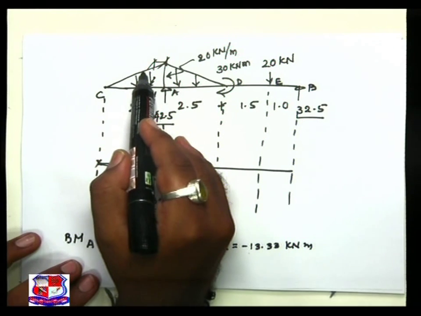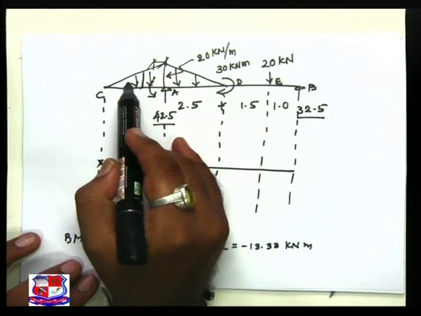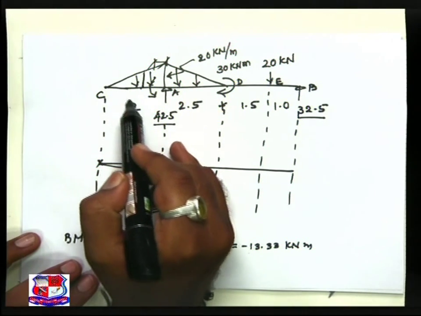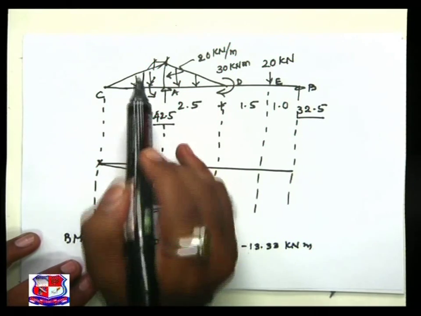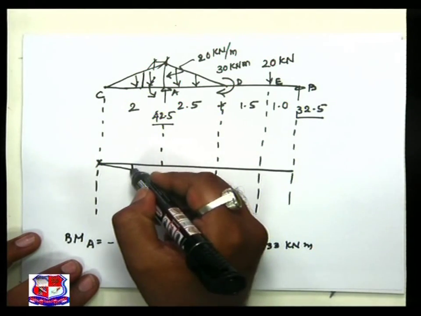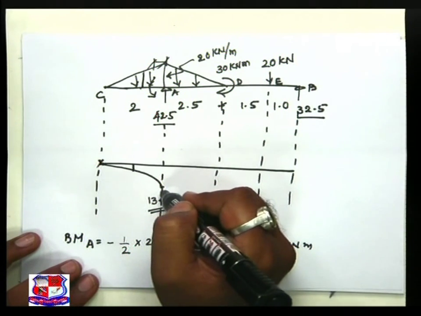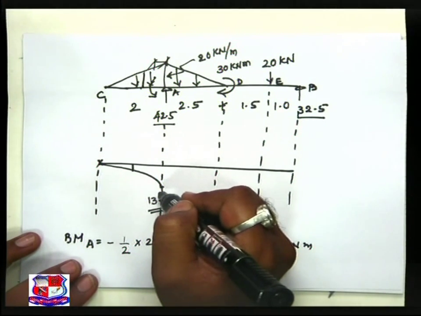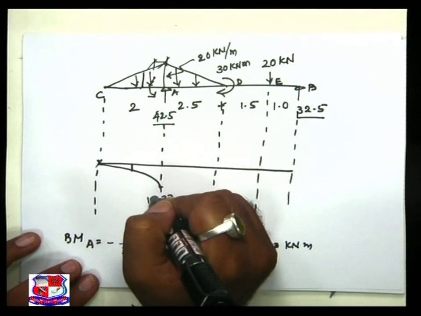At 1 meter you have to find out the ordinate of load, then find out the total load, multiply by the perpendicular distance, and that is the moment at 1 meter. You have to find the ordinates and join these 3 ordinates. You can easily obtain this shape of the diagram, that is the cubic parabola.